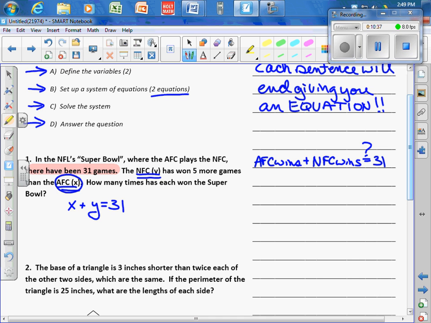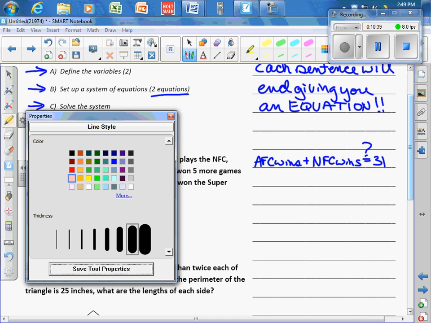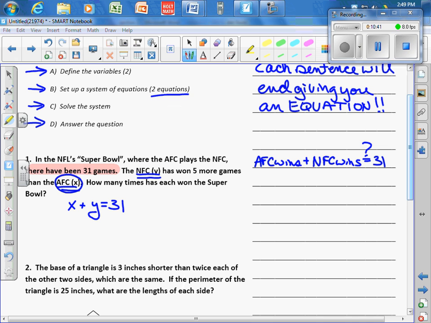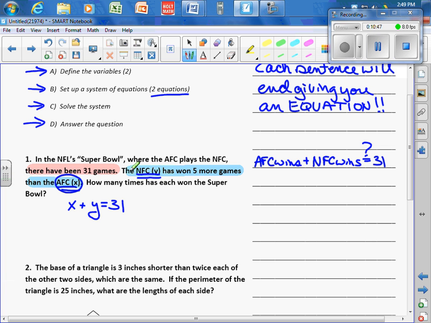Let's look at the second sentence. The NFC has won 5 more games than the AFC. Now, sometimes when you're writing these equations, key in on the verb, because the verb will give you the equal sign. Well, has won is the verb here.